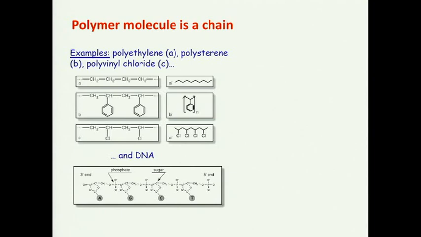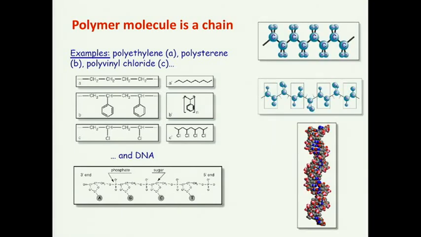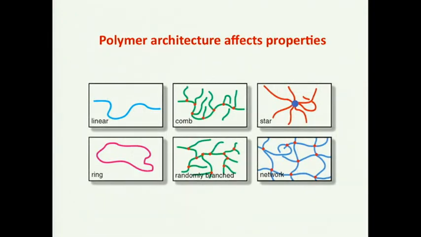DNA is also a polymer. What's important for us is to know how big these chains are, because it defines their mechanical properties. Polymer architecture also affects the properties. They can be linear, ring structure, comb structure, star. How the 3D architecture of the polymer is designed affects the mechanical properties.